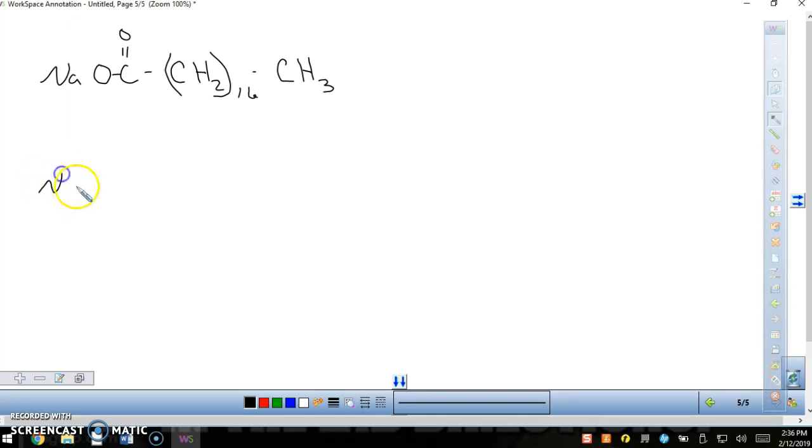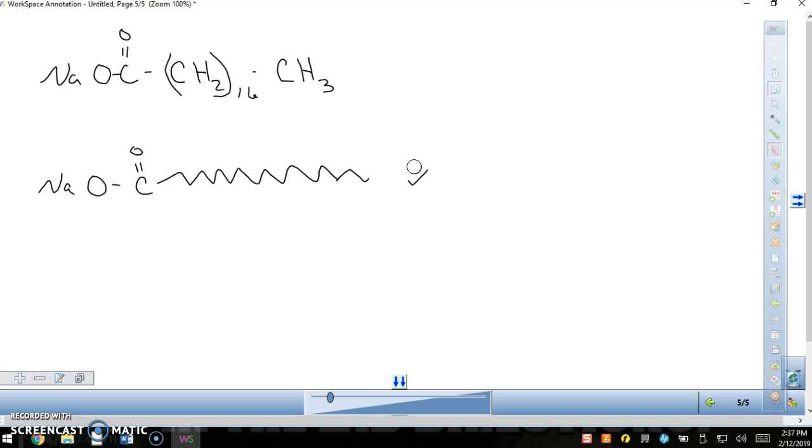So a quicker way to do this would be to draw it this way, where every time we change directions, there's a carbon. So there'd be 1, 2, 3, 4, 5, 6, 7, 8, 9, 10, 11, 12, 13, 14, 15, 16. I drew too many. And so here we have a very shorthand version for the Lewis structure of soap.